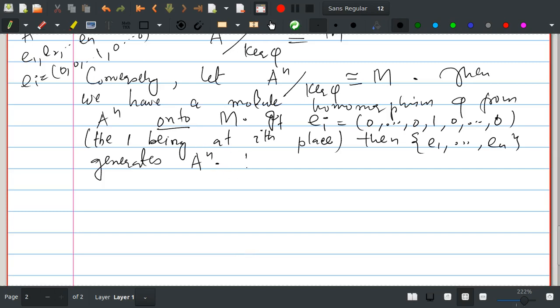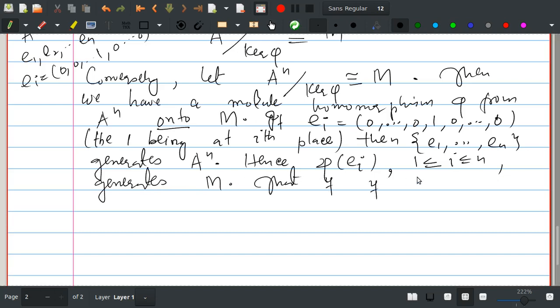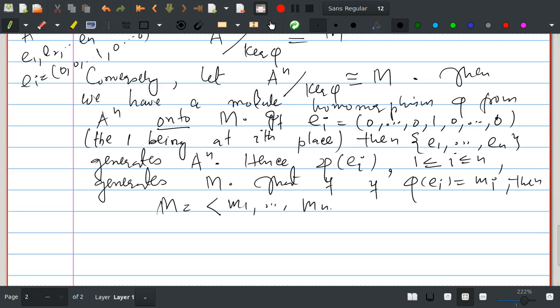So if this is the case, hence phi of ei generates M. So phi of ei, where 1 is less than or equal to i is less than or equal to n, generates M. That is, if phi of ei is this little mi, then this M is actually generated by m1 through mn. So this proves this result.